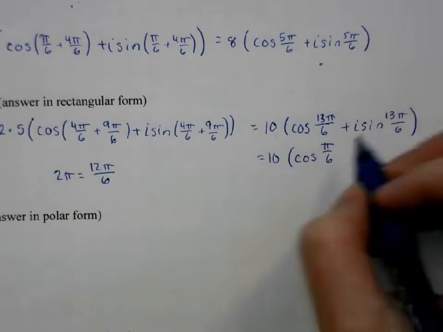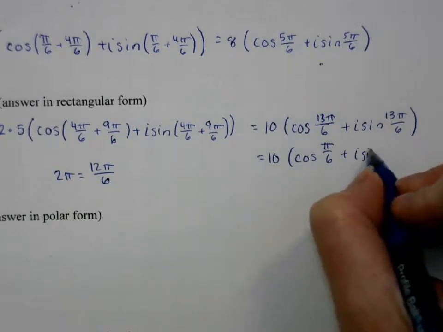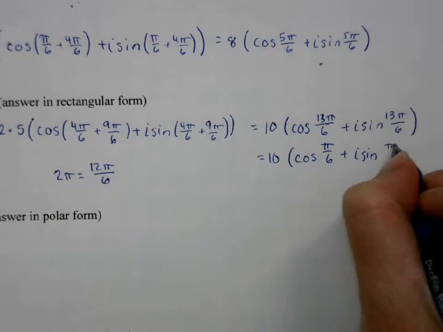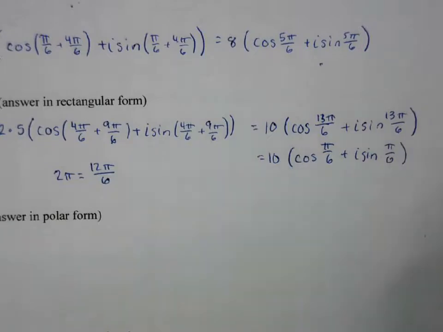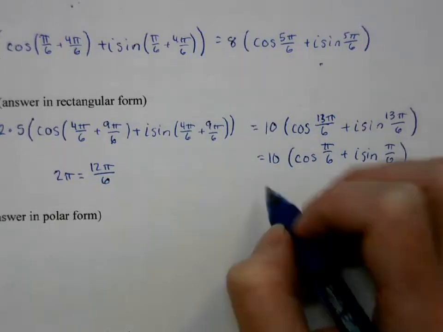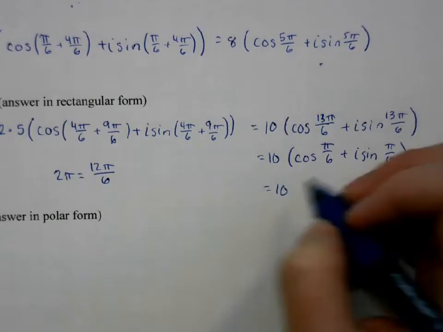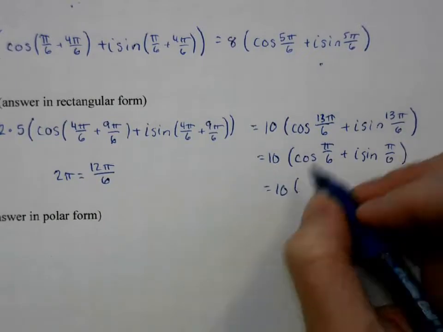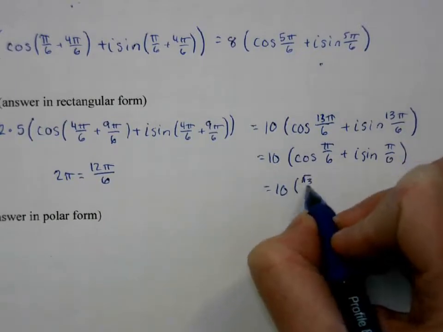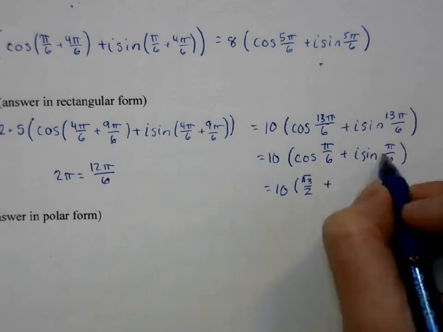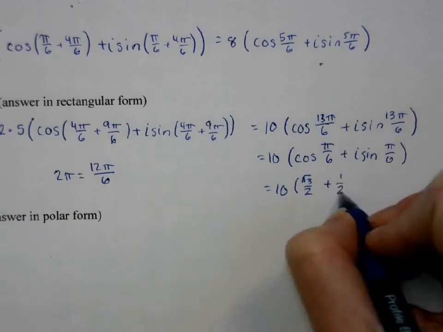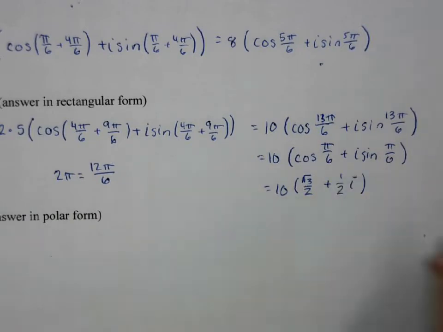So then you can distribute the 10 first, or just go ahead. Cosine of pi over 6 is root 3 over 2. Sine is 1/2. Don't forget your I. And then I can distribute. So we have 5 root 3 plus 5i.